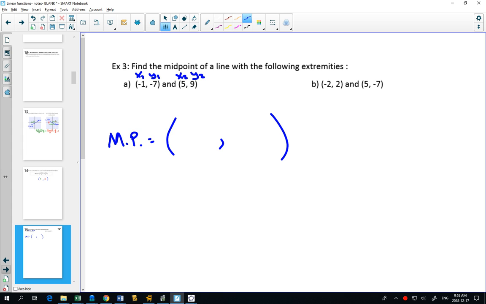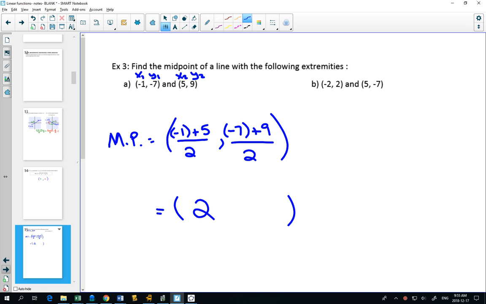Add my x values together: -1 plus 5, all divided by 2. Add my y values together: -7 plus 9, all divided by 2. And we find our midpoint to be 2, 1.